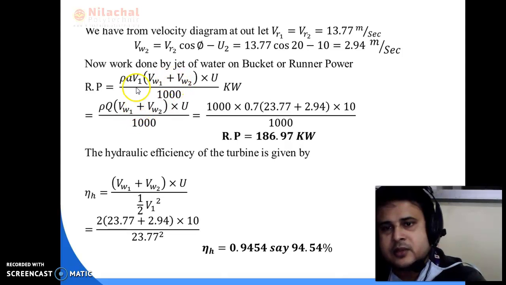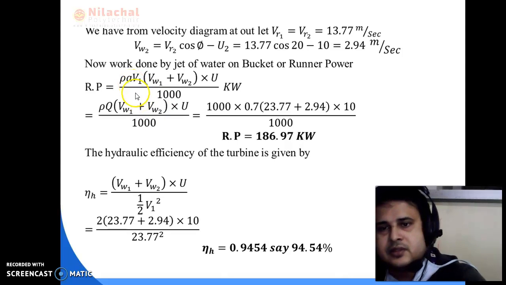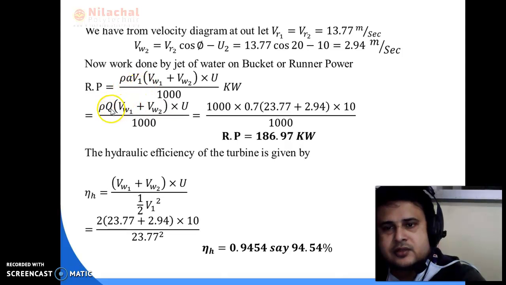So now putting the values of Vw1, Vw2, area and velocity. But in this case the value of area is not given to us. We know that discharge is equal to area into velocity, so Q is equal to area into V1. So rho Q into (Vw1 plus Vw2) into U divided by 1000.